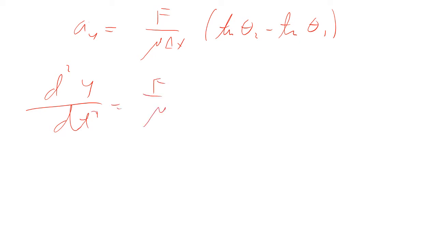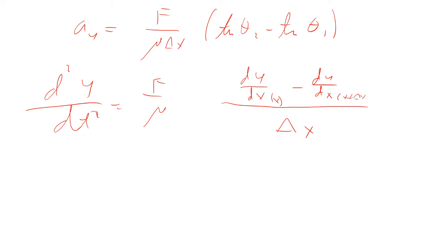Then F over mu, and what we've got is delta x, but the tangent is the derivative. The slope is the derivative of the function, so that's going to be dy/dx at x plus delta x minus dy/dx at x. If we take the limit as delta x gets really small, that's going to be another derivative.